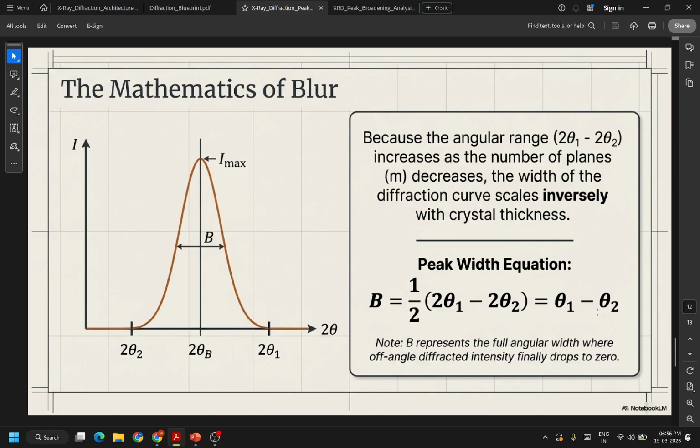So how do you mathematically determine this excess broadening? For that we consider the full width at half maximum.